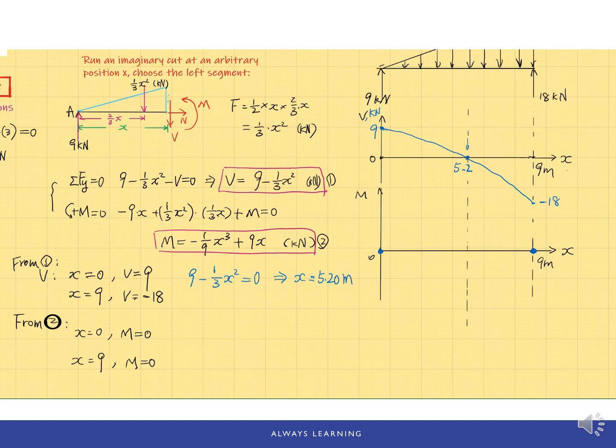Here is one equation I want you to remember. We will discuss this equation in more detail later. This relation is between the shear force diagram and the bending moment diagram. The shear force at a given x location equals dM over dx, which means the shear force is the slope of the bending moment diagram.